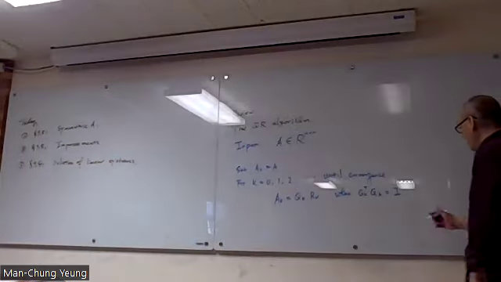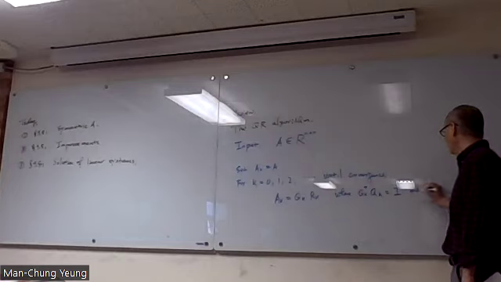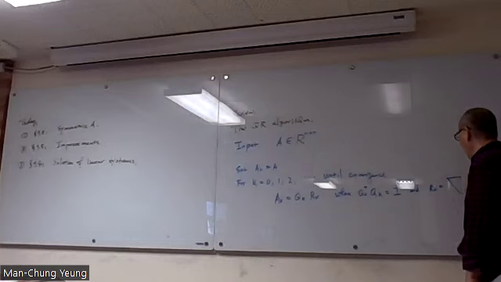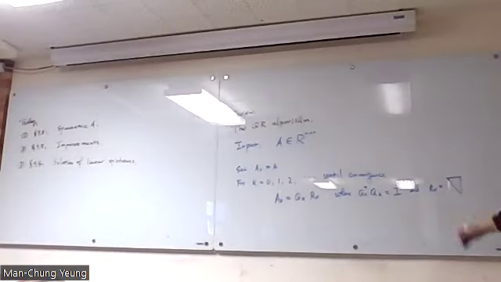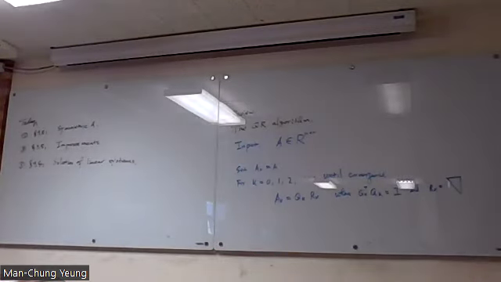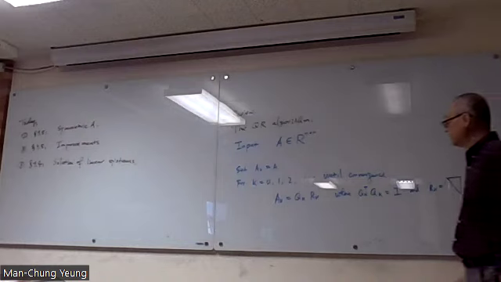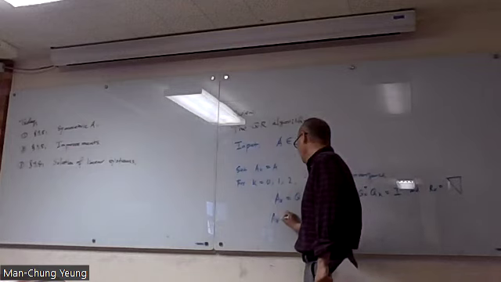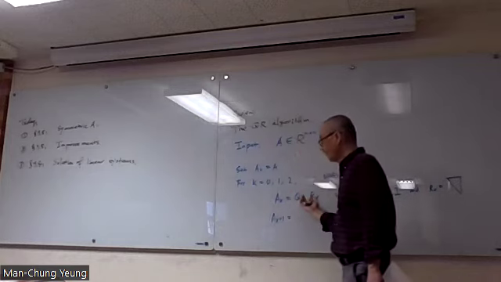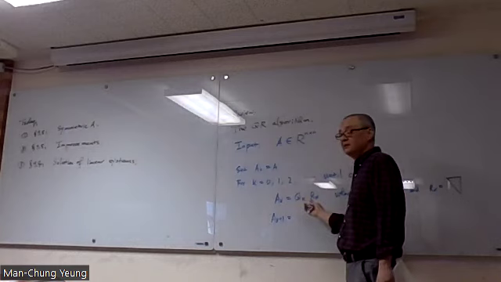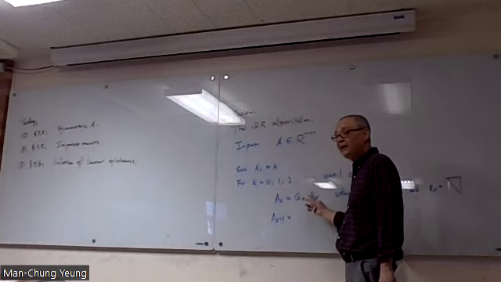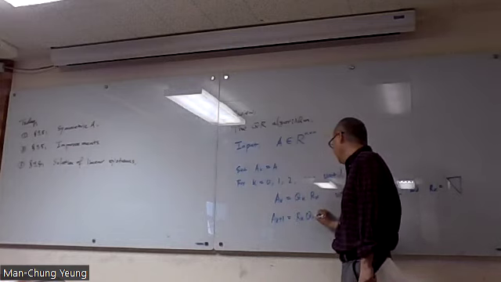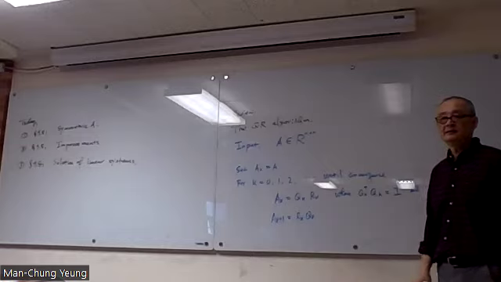And what is R? R is an upper triangular matrix. Perform QR factorization of Ak. Now the next matrix, Ak plus 1, is obtained by reversing the multiplication order: Rk times Qk.